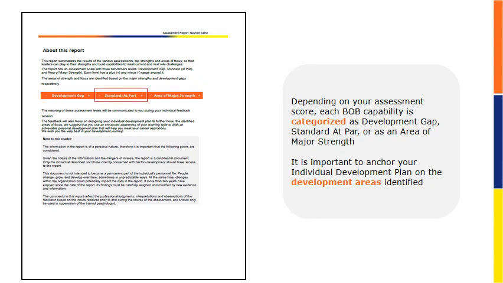At standard indicates an average score on the capability. Major strength means that you have a high score on the capability. It is important to note that those capabilities that fall in the development gap category are focus areas that need to be prioritized.